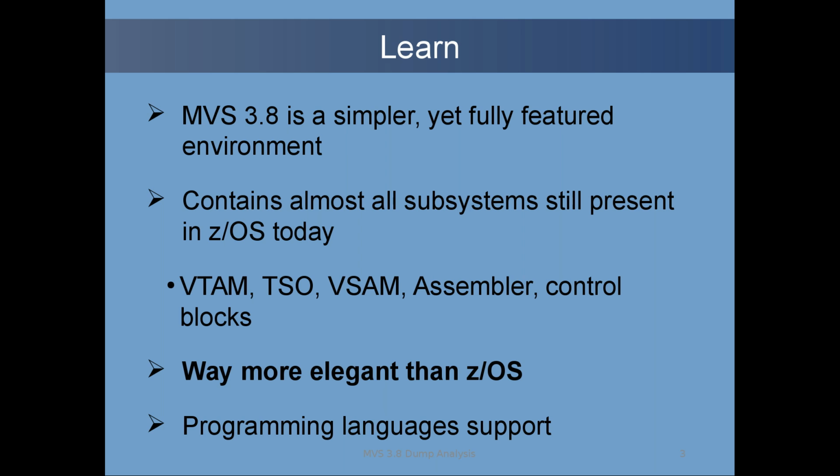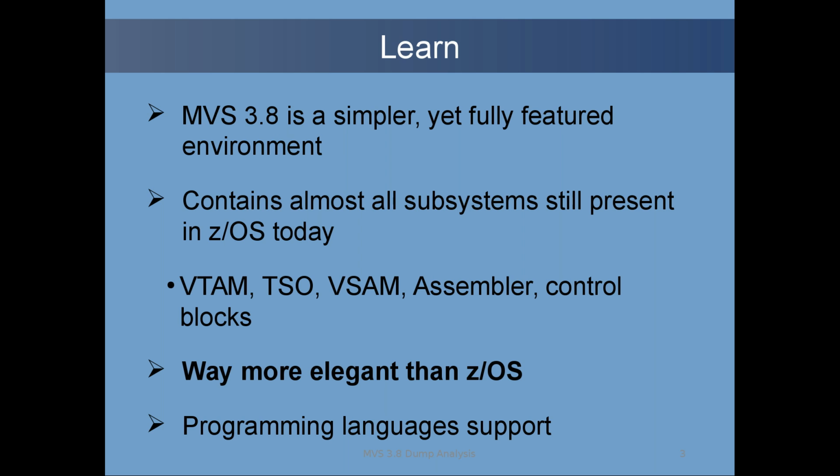We have VSAM, which is still only 24-bit. We have a very good assembler, by the way, and the assembler on TK4 is able to do many of the advanced z390 instructions that existed on machines that were produced much later than when the assembler XF was written.